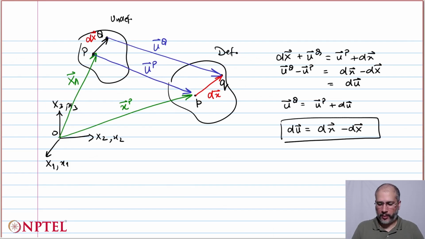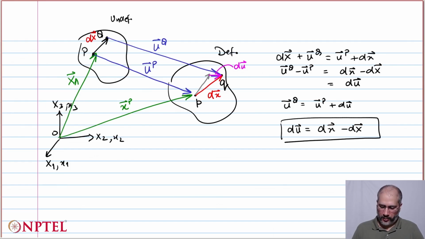I simply have to draw the capital X vector starting from the point small p in the deformed configuration, which is basically parallel to the vector that I had in the undeformed configuration here. And now we can clearly see that the pink part is the differential displacement. I just want to give you a pictorial feel of this differential displacement because we'll be talking about it a lot in this lecture.